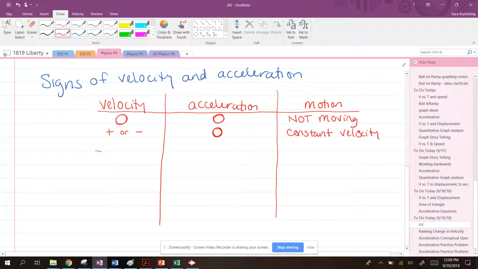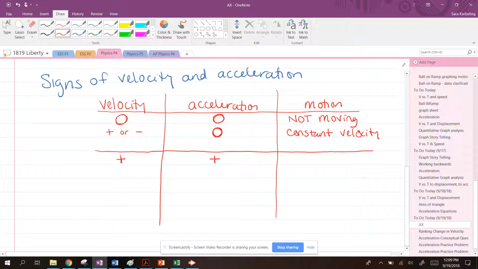I'm going to skip a line and then draw a line underneath. Okay. And then on the next line, I'm going to ask you this one. If I have a positive velocity and a positive acceleration, what does that mean? What's going to happen to my object?